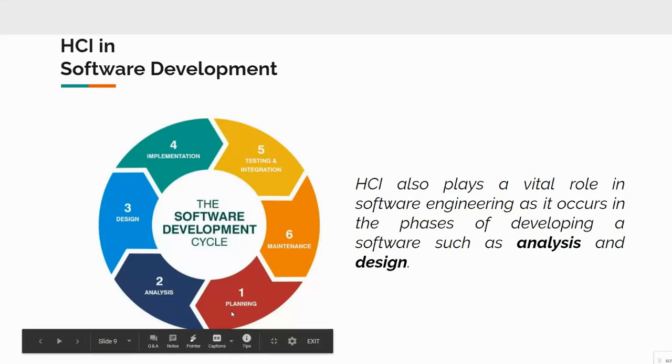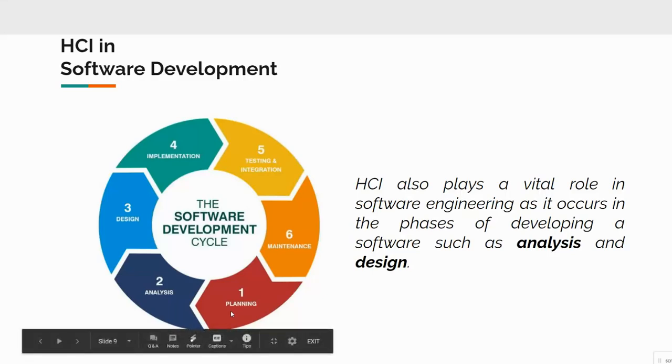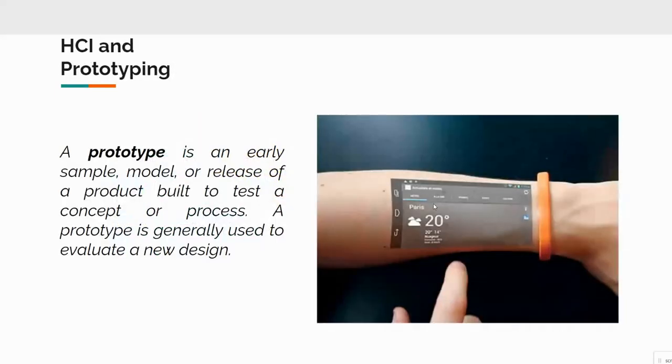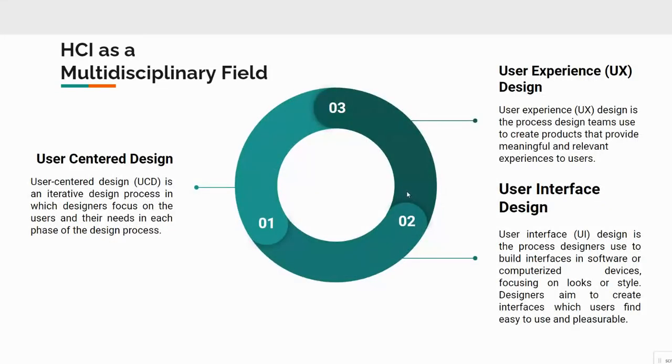It can also be in planning. So you gather data about what the user wants. That is user-centered design. In your software engineering course, you will learn the methods for collecting data in a user-centered way. It's a process of focusing and gathering data on what the user wants.